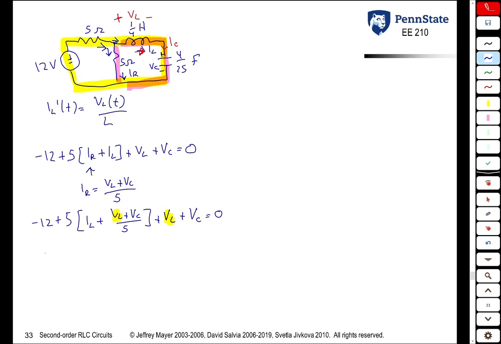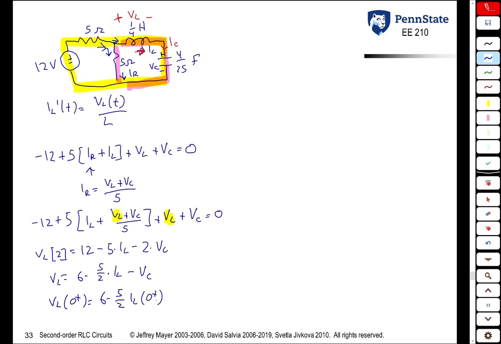We get VL times 2 is equal to 12 minus 5 times IL minus 2 times VC, or VL is 6 minus 5 halves IL minus VC. So VL of 0 plus is 6 minus 5 halves of IL of 0 plus minus VC of 0 plus.